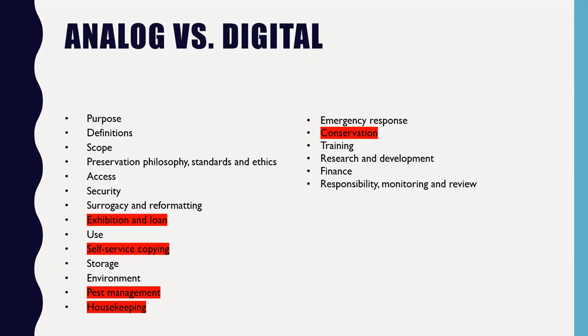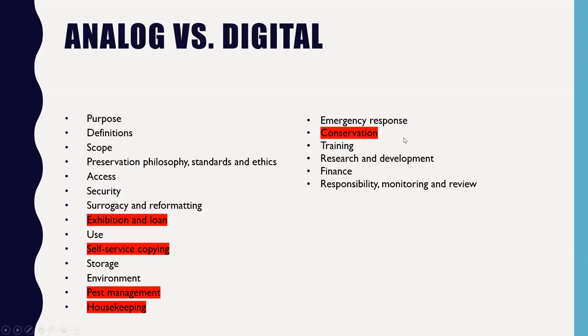But again, not necessarily something that archivists need to worry about as much as with analog preservation, which we all know that pests and bugs like to eat paper and live in paper and make nests out of paper. And so making sure that there aren't pests in your storage and making sure that everything stays nice and clean is a more important consideration.